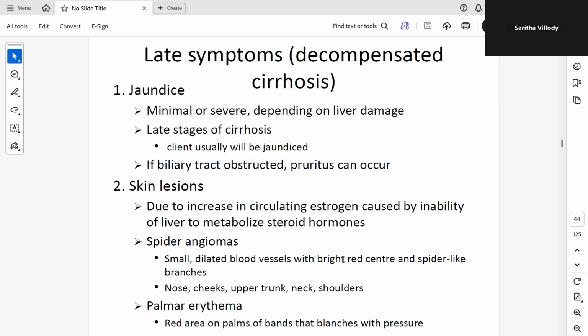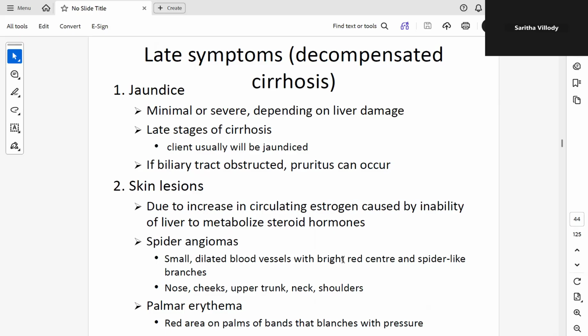Second one is skin lesions. One of the functions of the liver is to metabolize steroids, estrogen, androgens, testosterone, etc. in our body. Because of the dysfunction of the liver, there is excessive floating estrogen in the body, which causes spider angiomas.